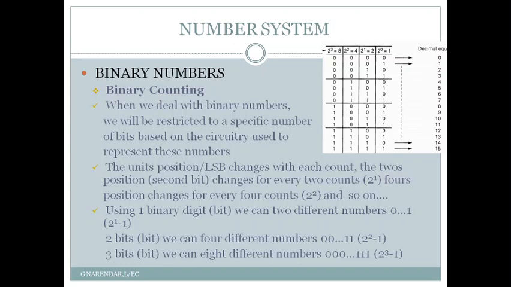After 01, in the first position we have reached the highest digit, so we update the next higher position to 1. The next count becomes 10. With 1 in the next higher position, we can make one more count, it is 11.